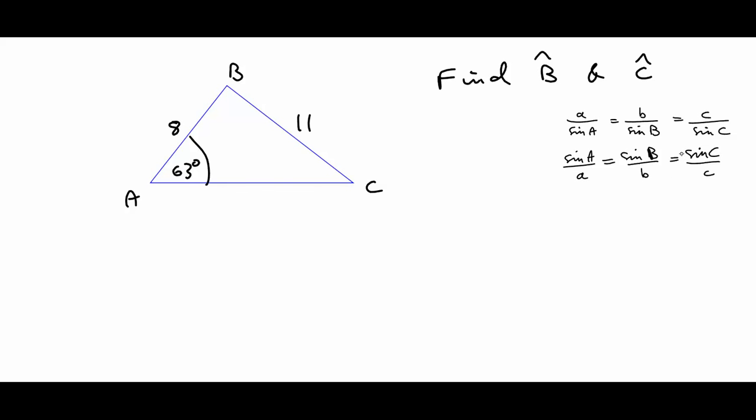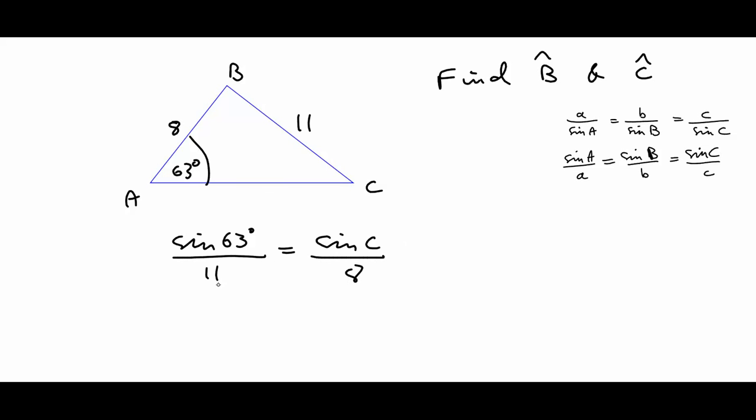So we want to find angles, so it is better to use the second form, where we have the sine of the angles on top of the fractions, and we can say sine of 63 over the opposite 11 equals sine of C over the opposite side 8.